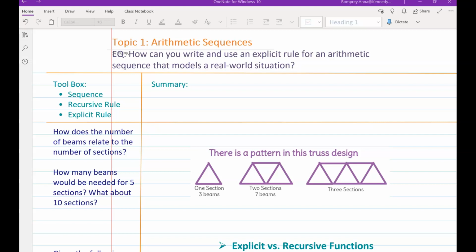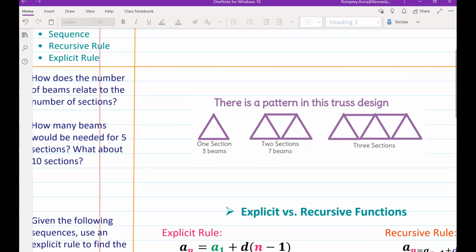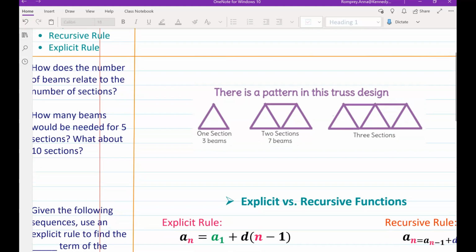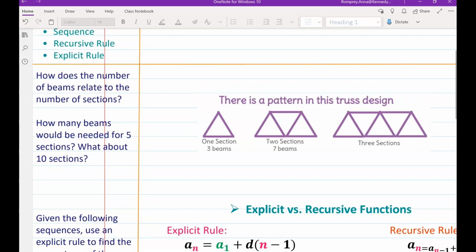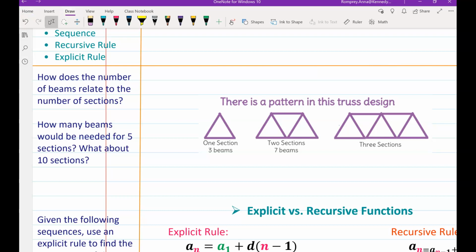So let's start off with looking at this truss design. A truss design like train tracks. So there's a pattern in this truss design. If we look, it says, how do the number of beams relate to the number of sections? Our first section has 1, 2, 3 beams.